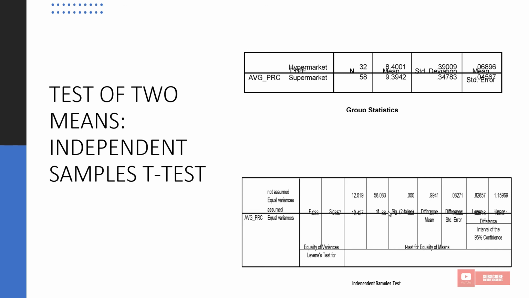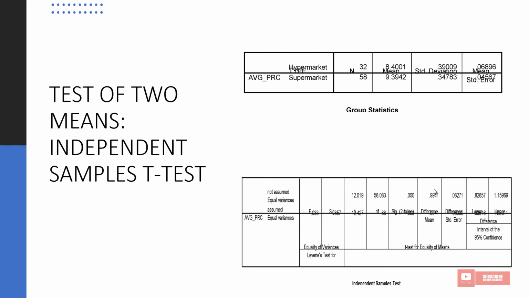So the p-value here is 0.0857, meaning that it's less than 0.05. Sorry, it's more than 0.05. It means that the variance for both groups are equal.